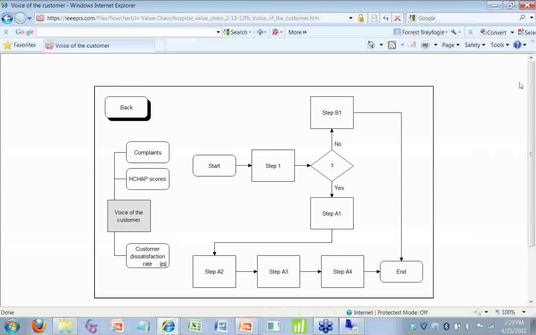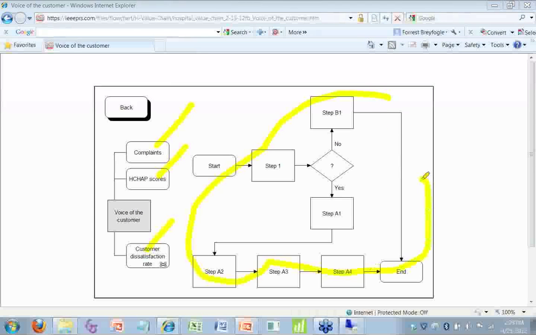Now these are the metrics we're having for this. So you're looking at complaints, the scores here, customer dissatisfaction. Okay, so if we click on customer dissatisfaction, and notice here we've got, again, our process over here that's related to this.